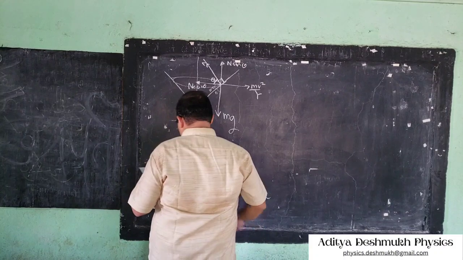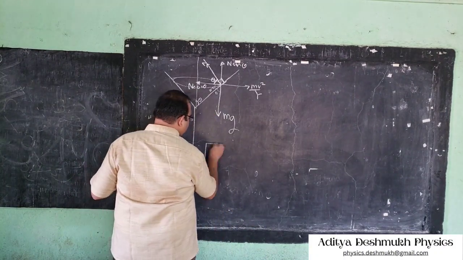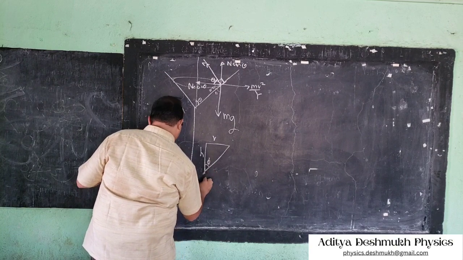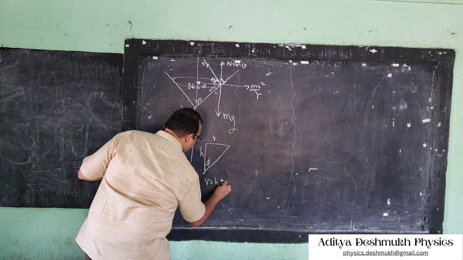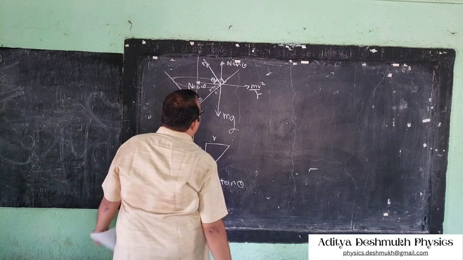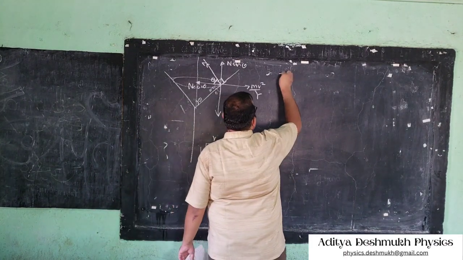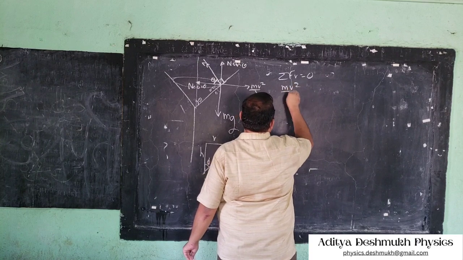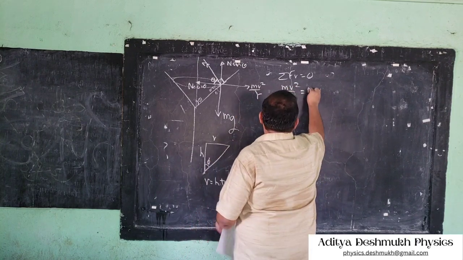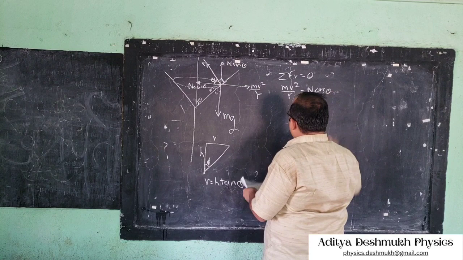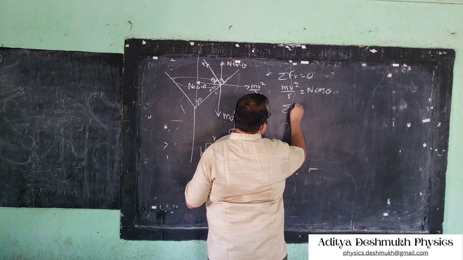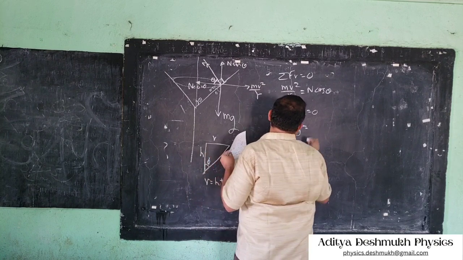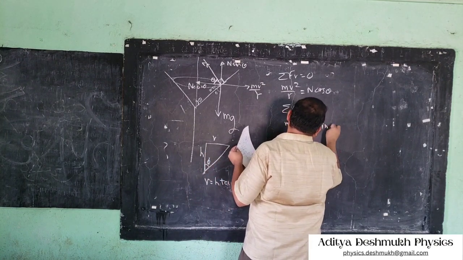Now I can take r equal to h tan theta. From summation of Fr equal to 0, mv square by r equal to N cos theta, and summation of Fy equal to 0, so mg equal to N sin theta.